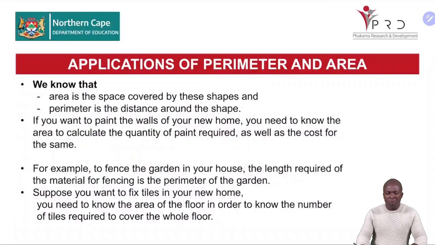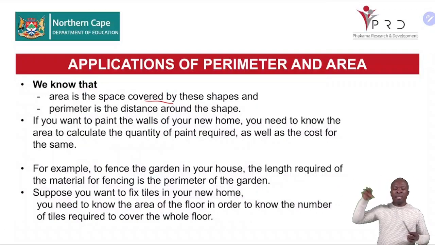All right. Where do we apply area and perimeter? We already know that area is the space covered by these shapes, right? And perimeter is the distance around the shape. So let's say we want to paint a wall. We have to know how long the entire room is versus how high, so that we are able to determine the area.